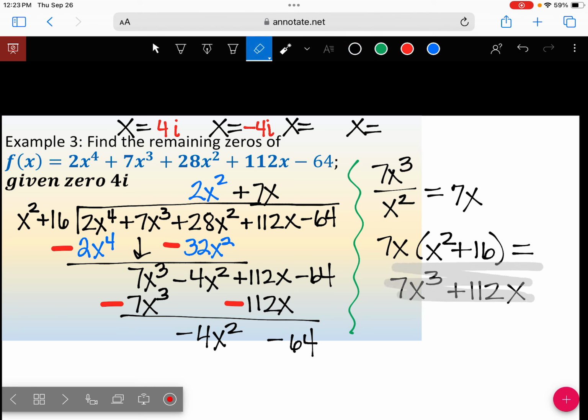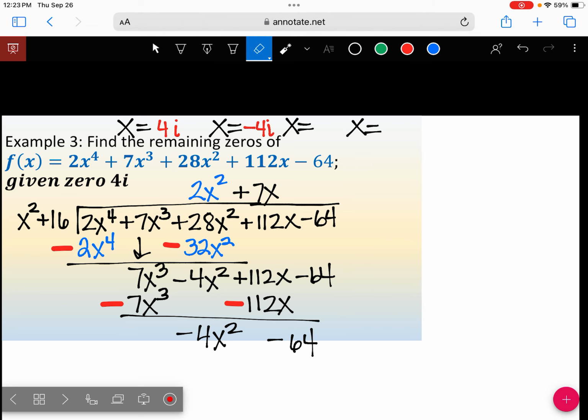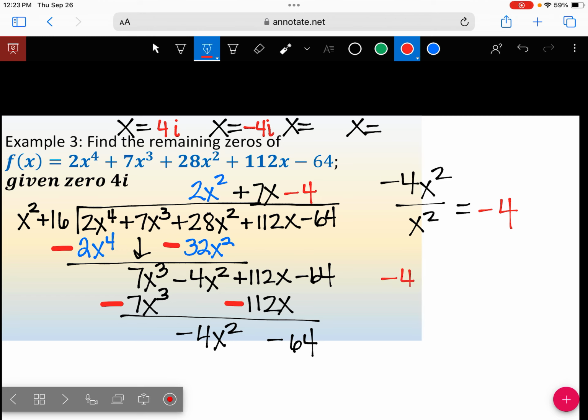And then one last time, go to the kitchen. Divide your first terms. So that'll be negative 4x squared divided by x squared, which gives you negative 4. Who got negative 4 for the last term? And then we're going to take that negative 4, multiply it by x squared plus 16.